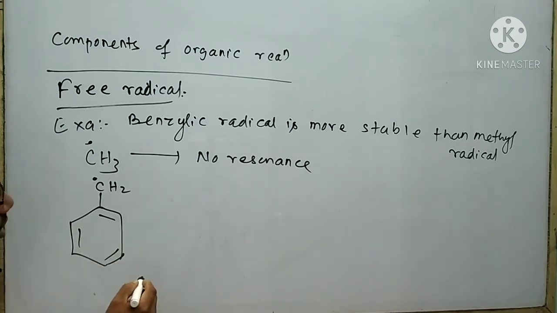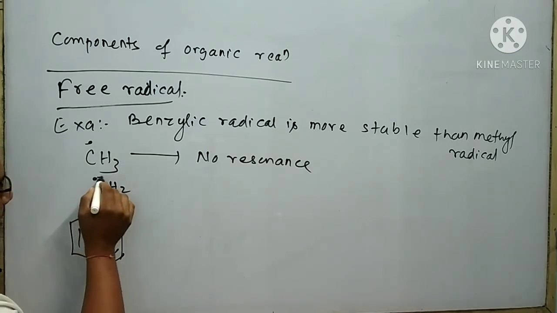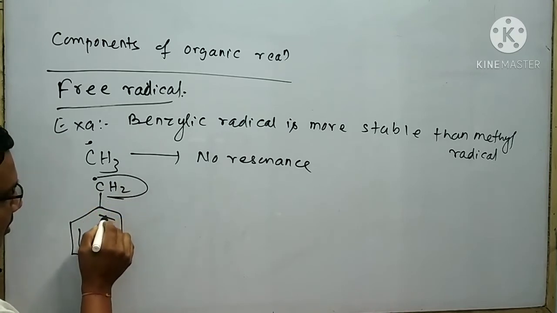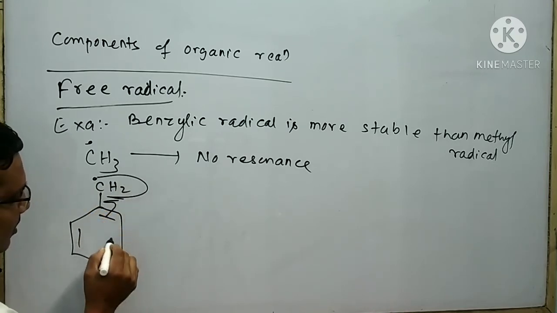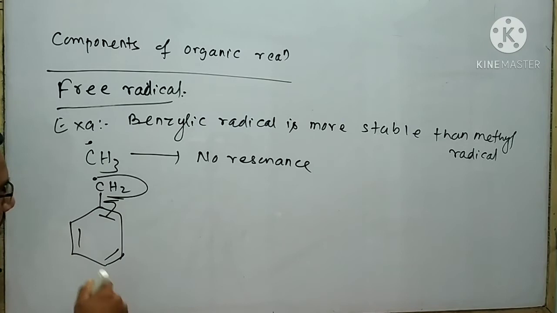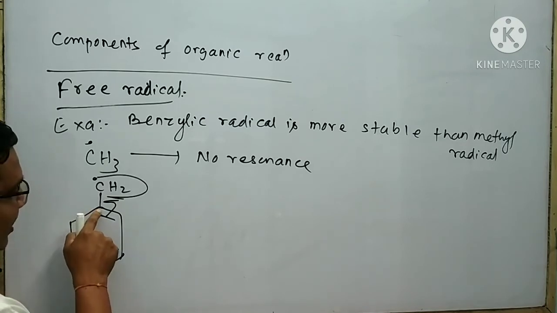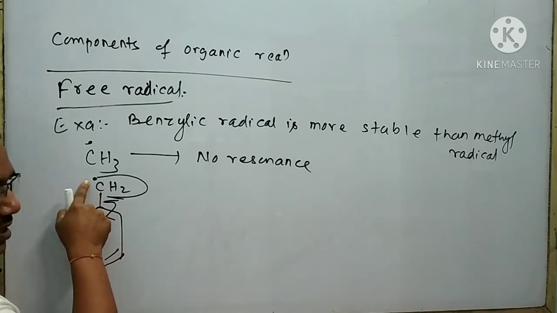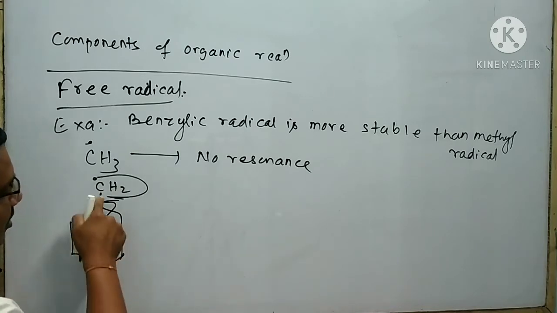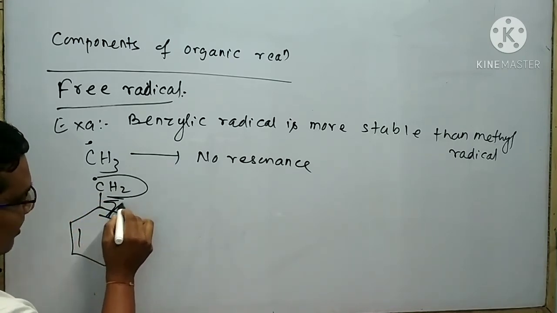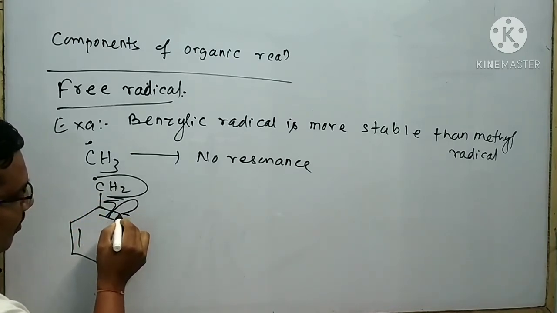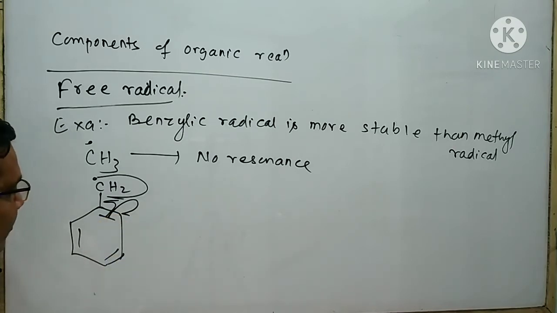I can draw the resonance structure of benzyl radical like this. This bond undergoes homolysis, gives a free radical which combines with this free radical to form the double bond here. Now this free radical is present upon this carbon atom.